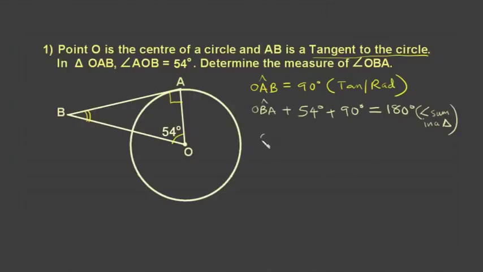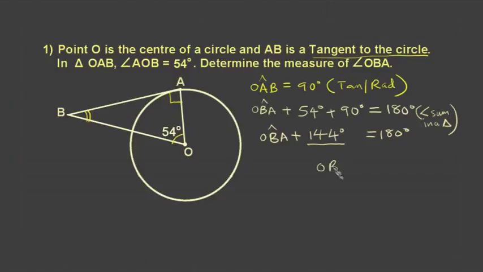Now here we have angle OBA, 54 degrees plus 90 degrees is going to be 144 degrees, is equal to 180 degrees. Now to get OBA, I'm going to subtract 144 degrees from both sides of the equation.